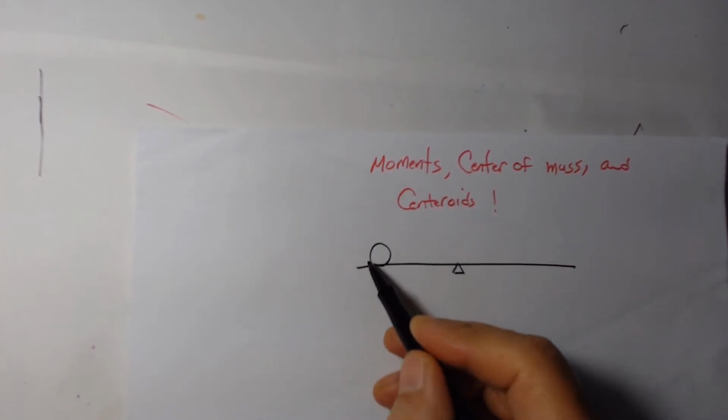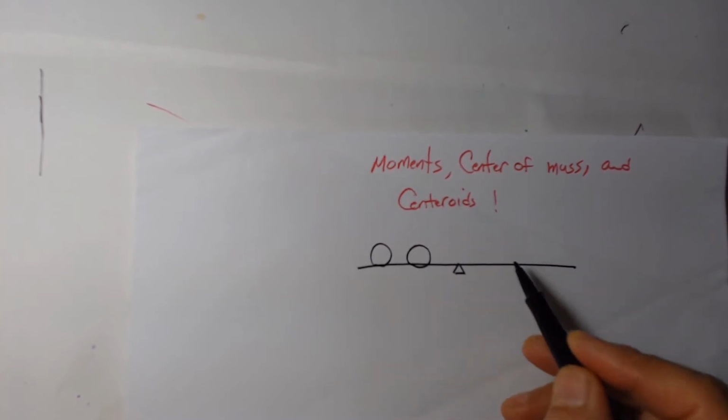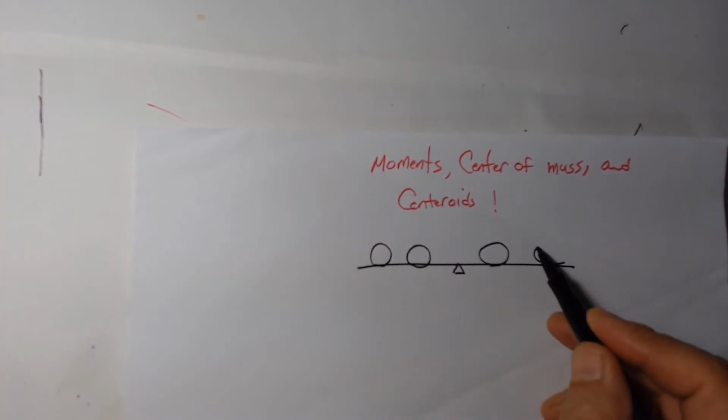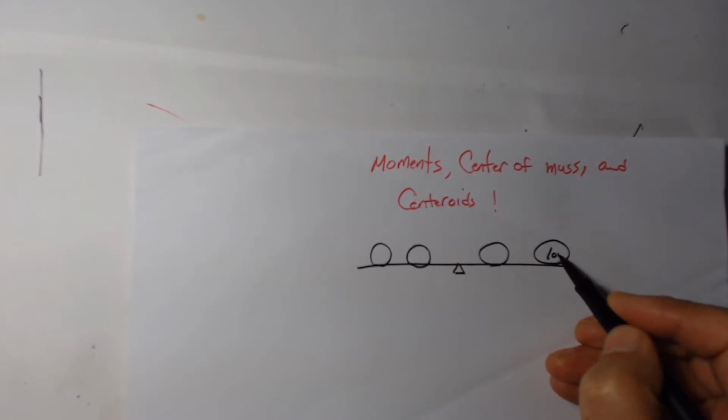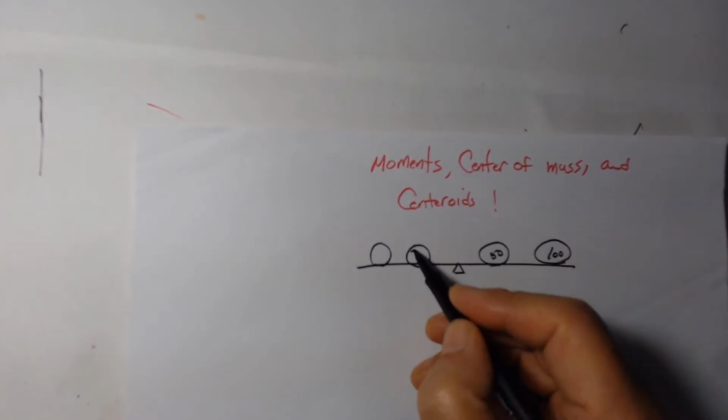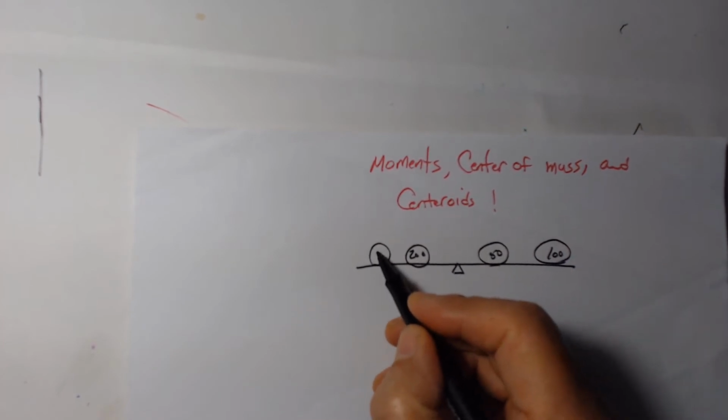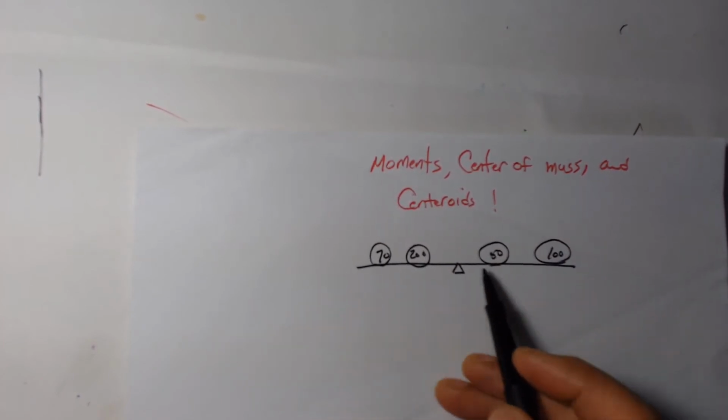And we had certain people sitting on the seesaw. They have different weights. And we try to balance this fulcrum.